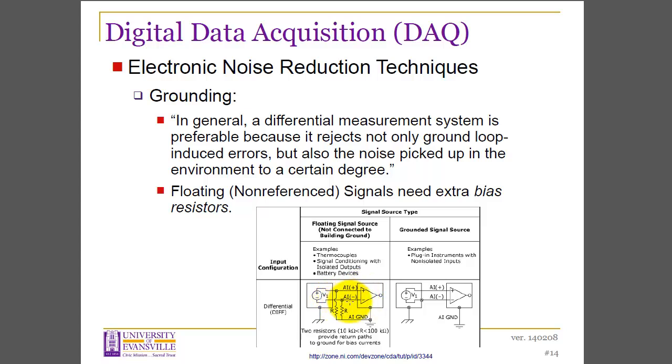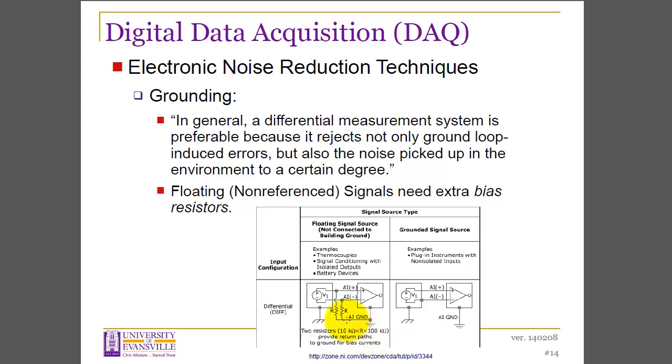And what we want to do is take two resistors, somewhere between 10 kiloohms and 100 kiloohms, just pick two of the same value, and connect one to the positive, to the ground, and the one on the negative wire, connect it to ground as well.